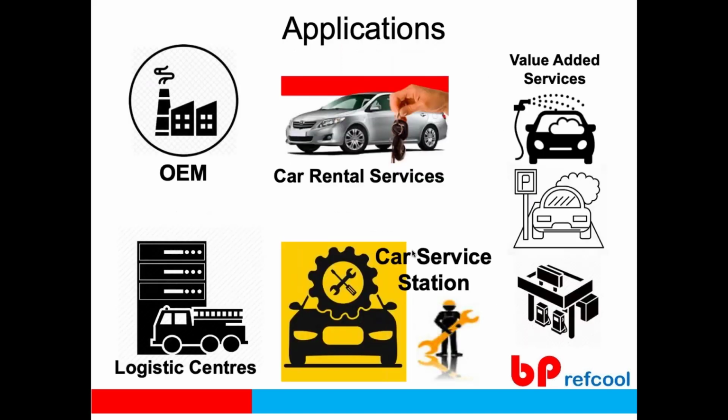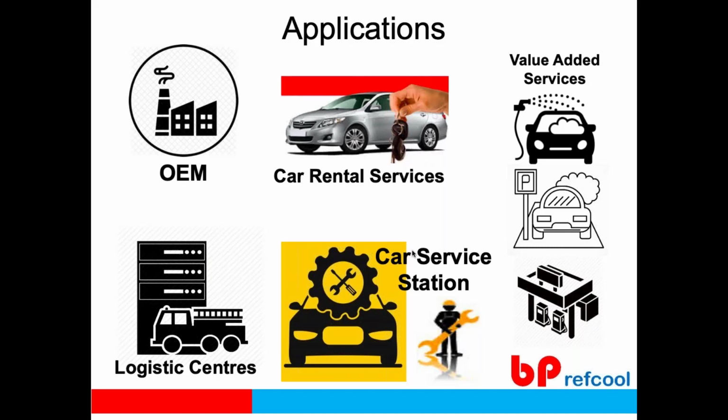Now, where can this technology be used? It can be used at the OEM level. When you're making the car and you want to ensure that when a customer experiences the car, he is not finding any refrigerant leak issue, before dispatch you can have this system integrated to find out if there is a leak in the car or not.